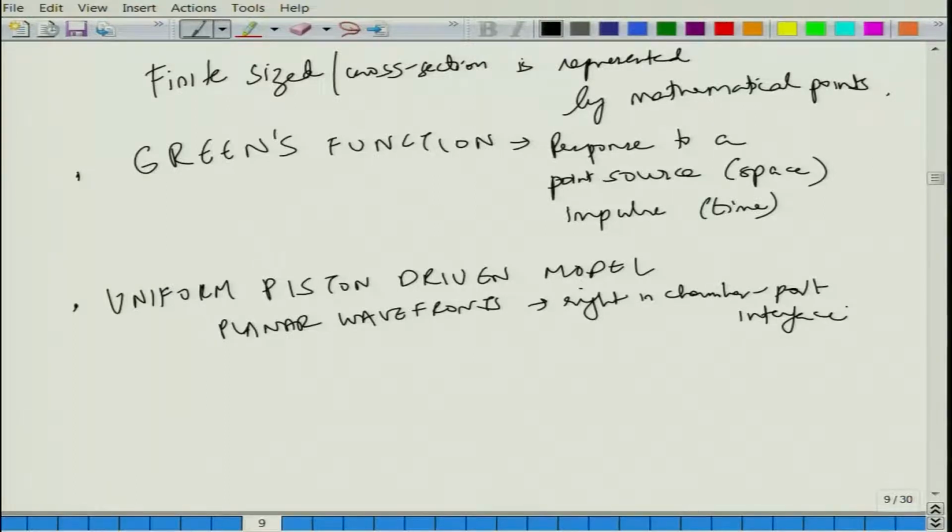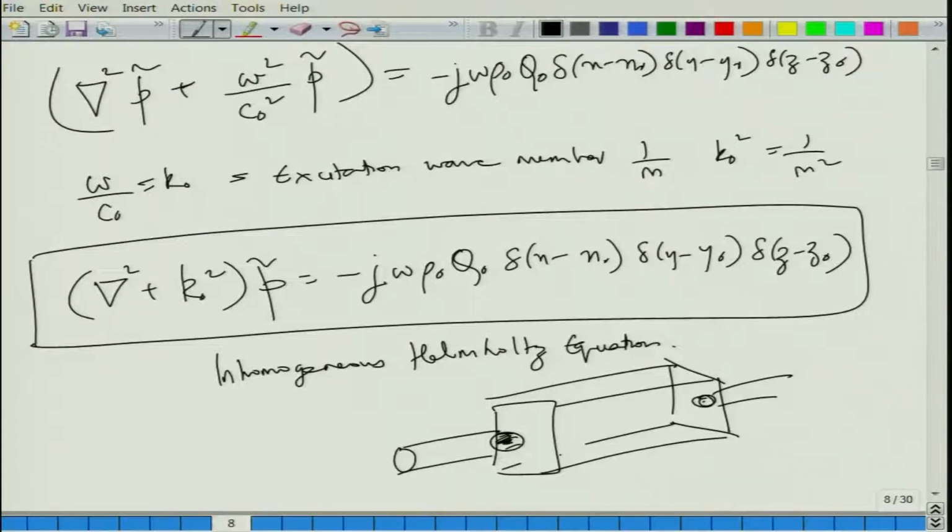We assume it right from the start. This is one of the salient features of the piston driven model, and it is much better than the Green's function, because now at least you are representing the ports, and we will soon see that integrating the Green's functions over the port area can do a lot of good things for you.